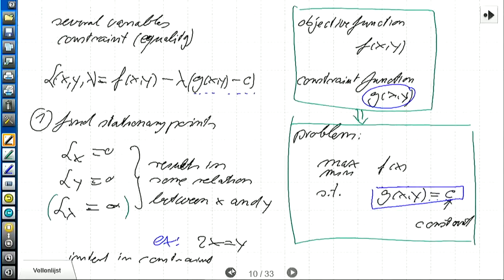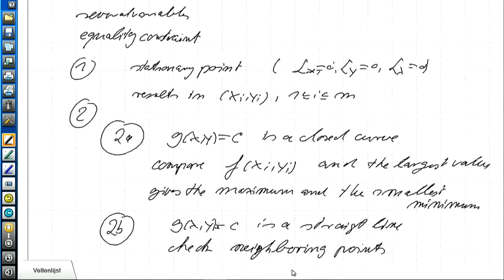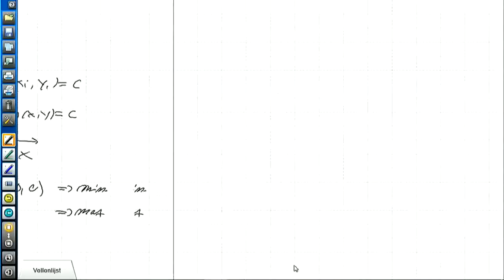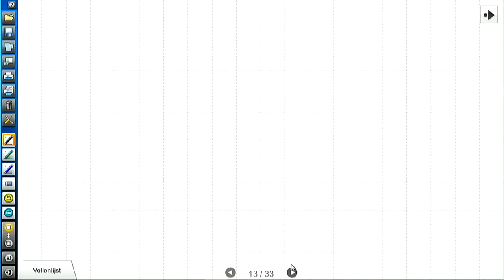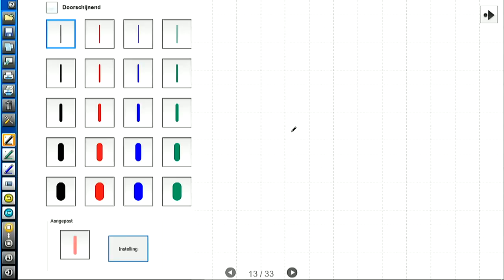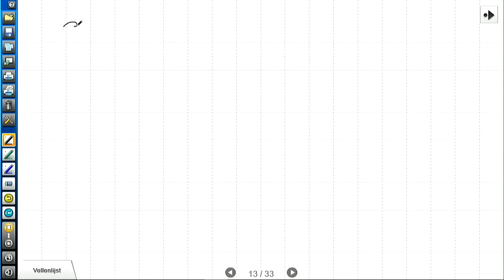Okay, so let me go back. Quite a story already, right? We started here. Several variables, constraint equality, and equality means that the g always equals c here. Equality. And so, long story, but we did more. We did inequalities.